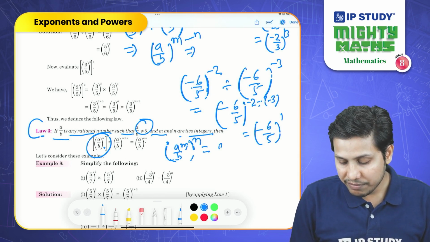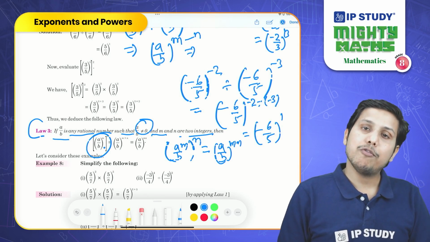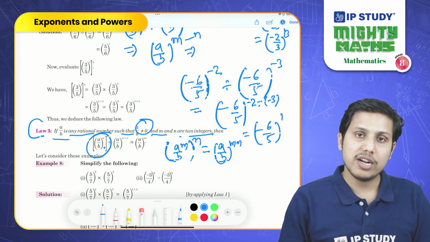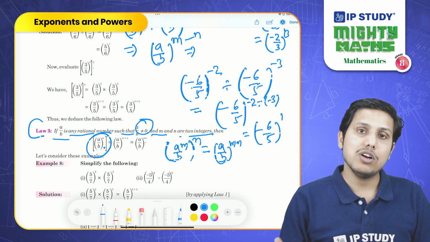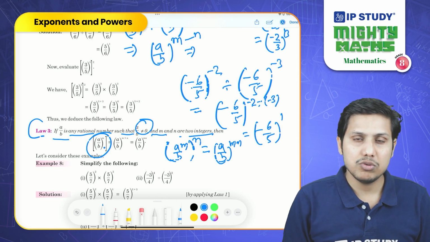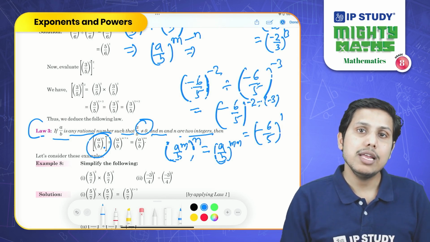Then to simplify this we have to multiply the exponents. Yes, so this is called the power of powers rule. First was the rule of product, second was the quotient rule, and the third one is the power of powers rule. So they have special names depending upon their expression.